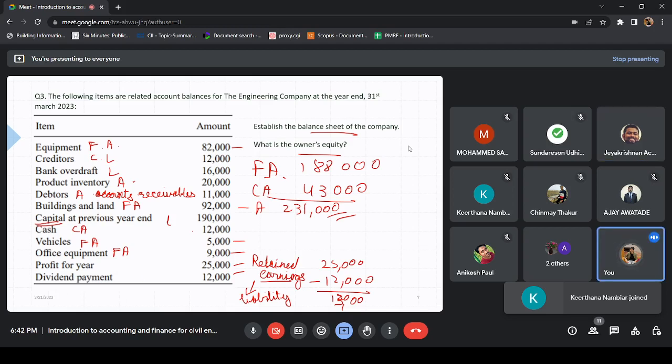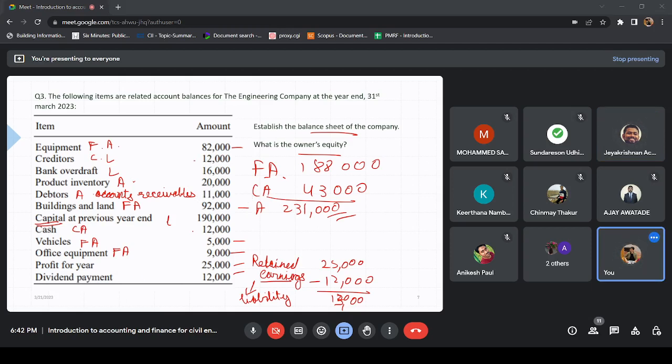Let's see. We have got 12 plus 16 plus 13, right?